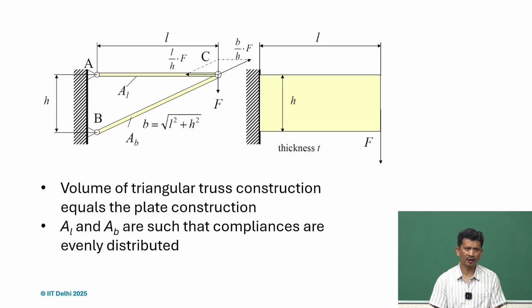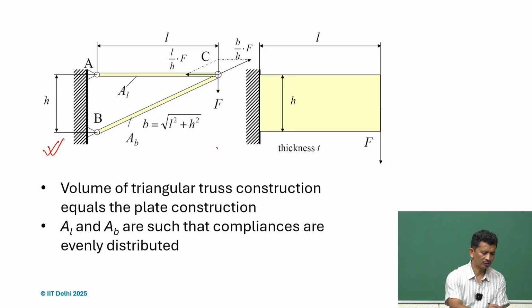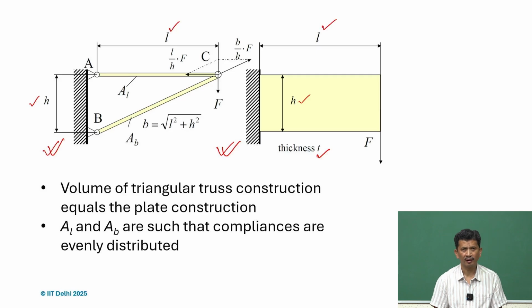So, just for comparison, if we have this truss and we take a thin sheet here, having thickness t and the same height h in both the places and length also the same. If you try to compare, and if there is a vertical load acting here in both the cases, we try to make it similar.